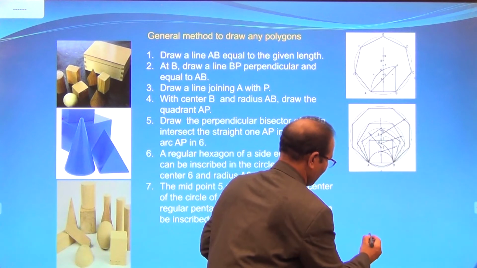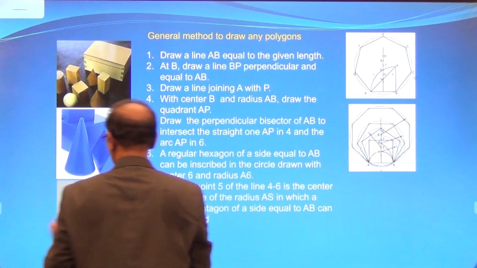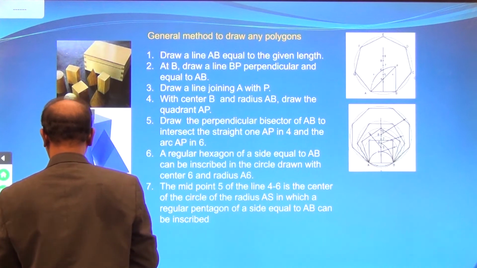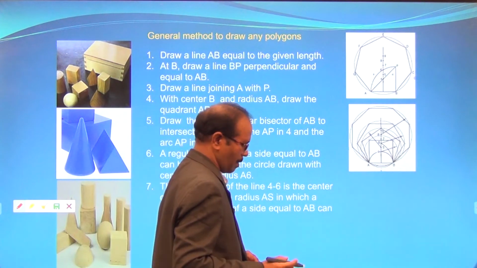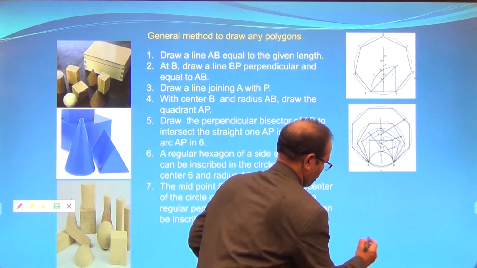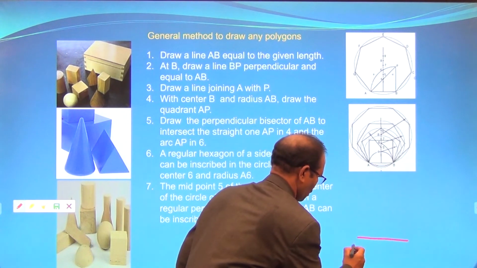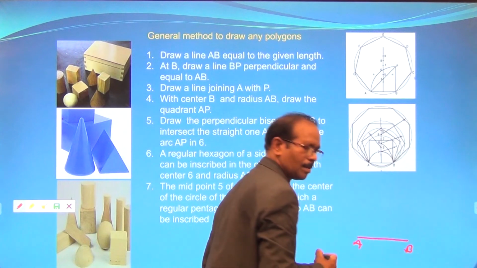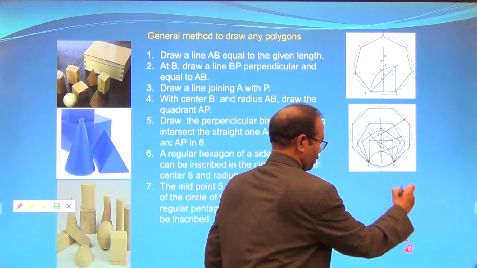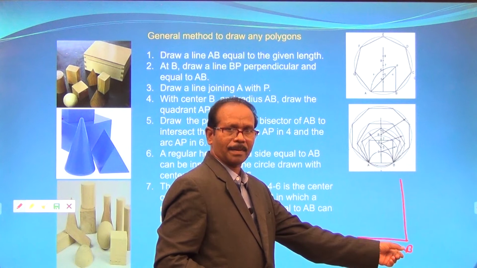Now, draw the AB line. Draw a vertical line at B equal to AB.